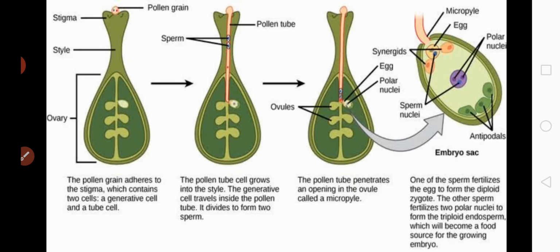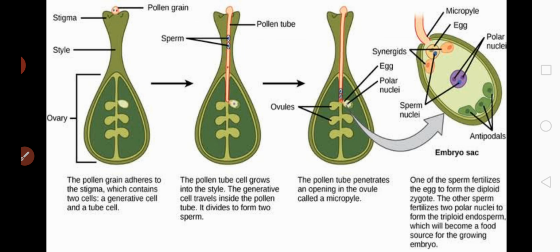Clear? Okay. Now this is a picture of double fertilization where you can observe the deposition of pollen grain onto the stigmatic surface, and now this pollen grain, by absorbing moisture from the stigmatic surface, produces the pollen tube, and to this pollen tube all the contents of the pollen grain, which include two male gametes, are transferred.